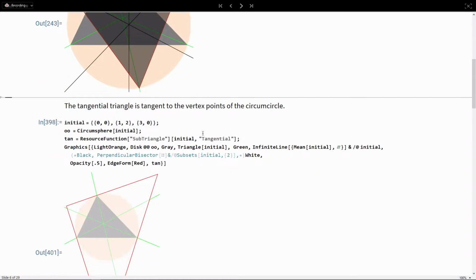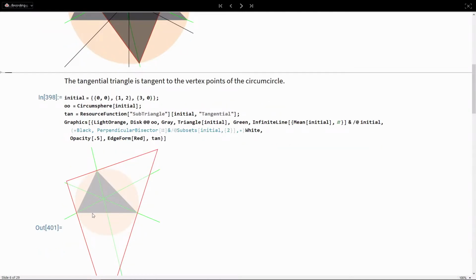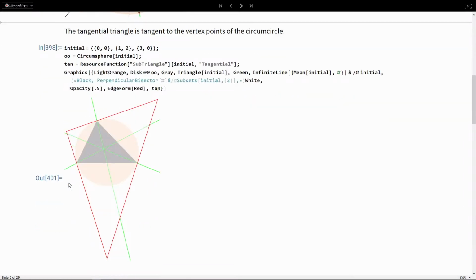The tangential triangle is tangent at the vertex points of the circumcircle. So we have the original triangle here. We do tangency points, and the red lines are tangent lines at the vertices, and you get in red what's called the tangential triangle.